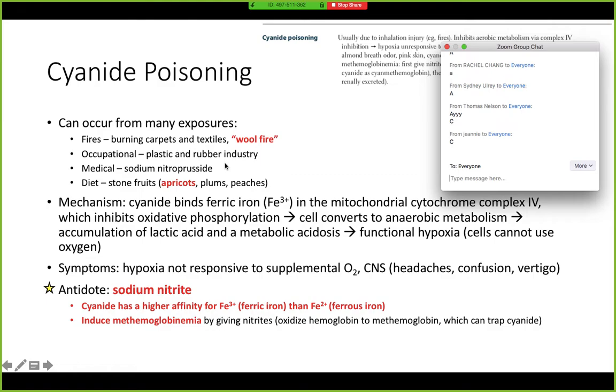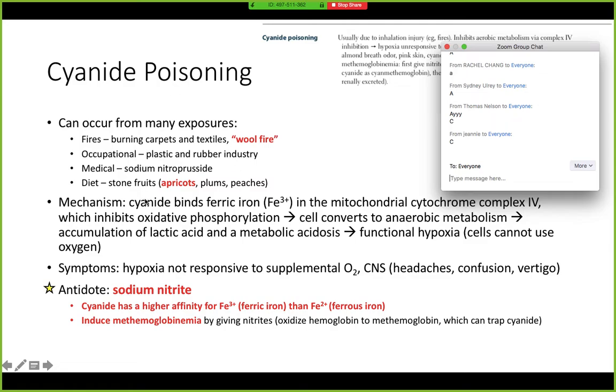Occupational, so someone working in the plastic or rubber industry, like the plant catches on fire. Also, sodium nitroprusside, which I don't think she'll touch because that gets covered in cardio next year. And then stone fruits. She had apricots in red. So I guess that's a possibility.